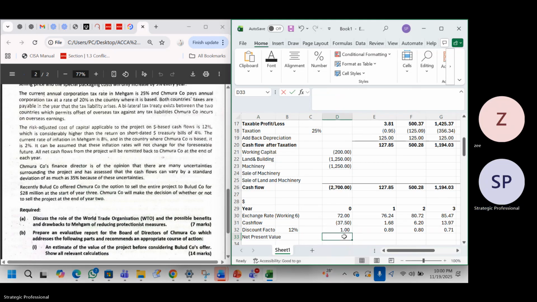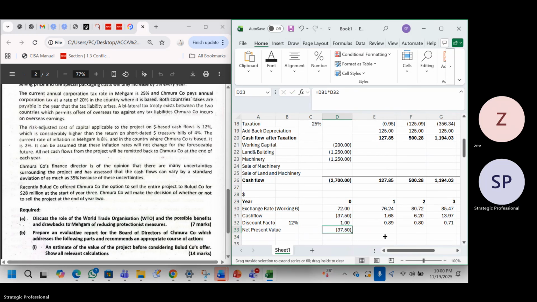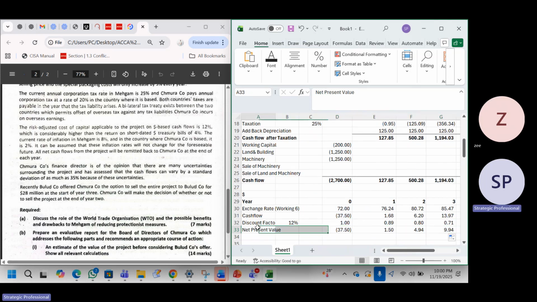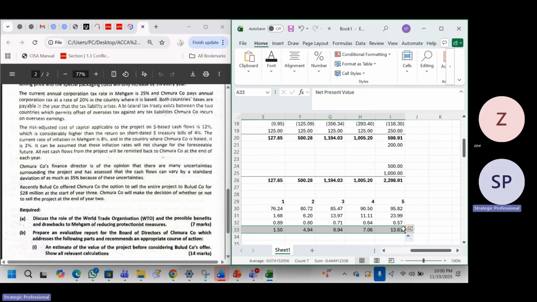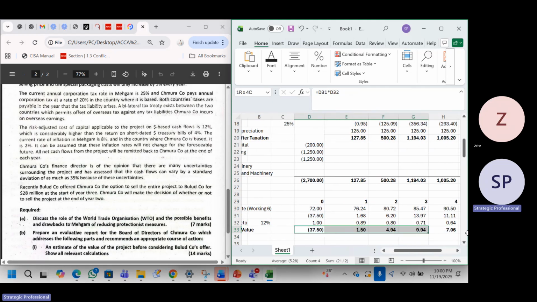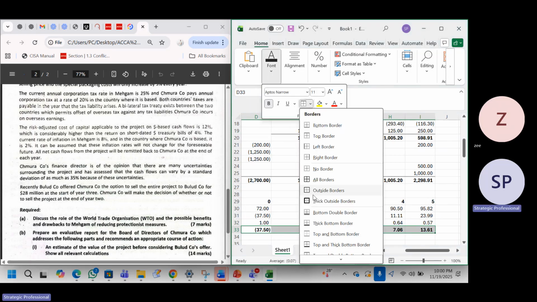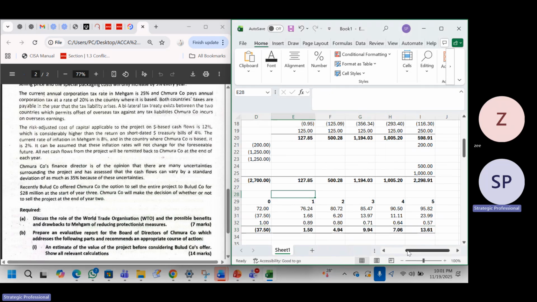So I do this. Having done that, I now need to decide whether to accept or reject this project. I use a double border for this one, top and bottom, to make my work neat.